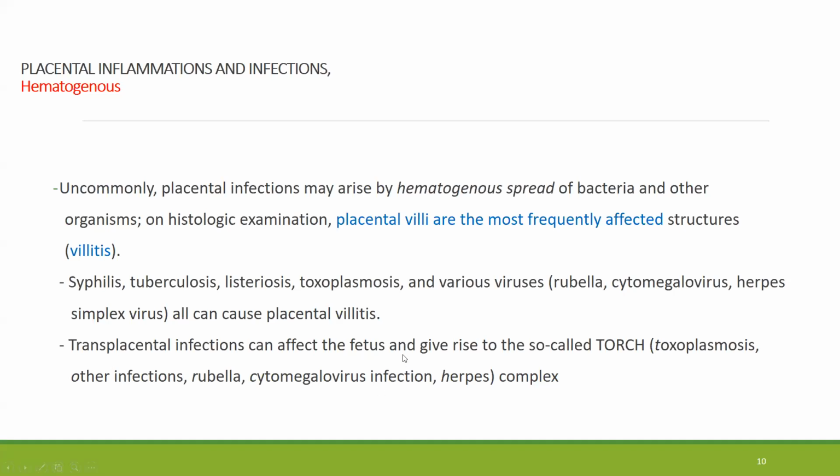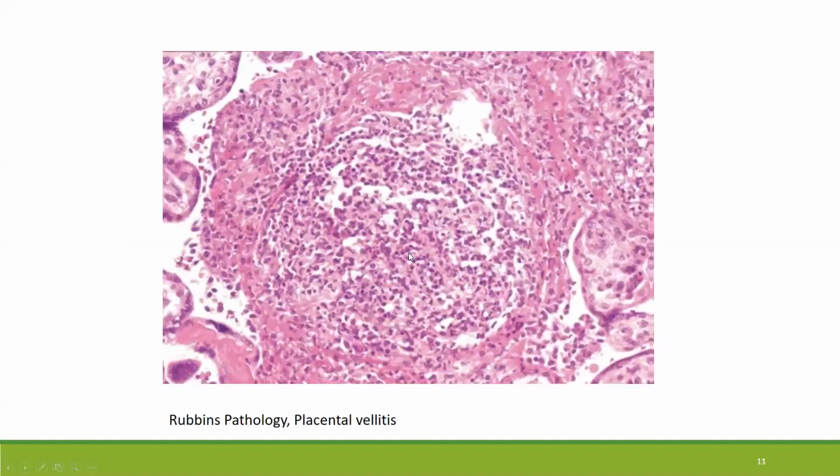This is the TORCH syndrome, where it involves the baby: toxoplasmosis, other infections, rubella, cytomegalovirus, and herpes. Remember the TORCH complex.